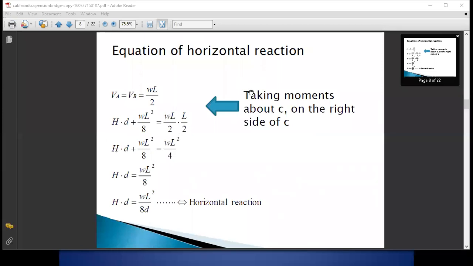Then write on this. Equation of horizontal reaction.